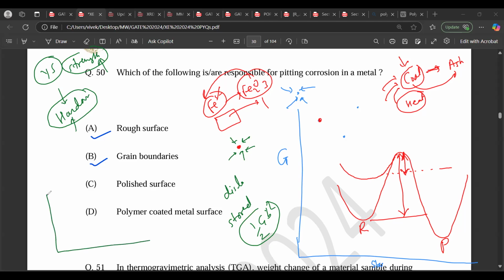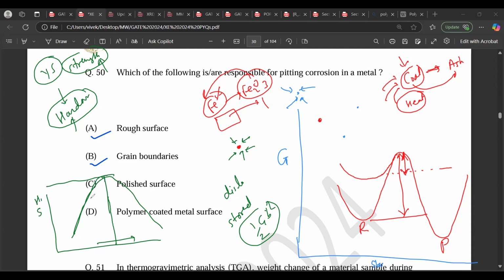If you see precipitation hardening, this is how the curve goes. You have GP zones, then theta double prime, then theta. Your hardness increases with time because the precipitate grows and reaches an optimum size where hardness is maximum. This is hardness; you can also write strength.